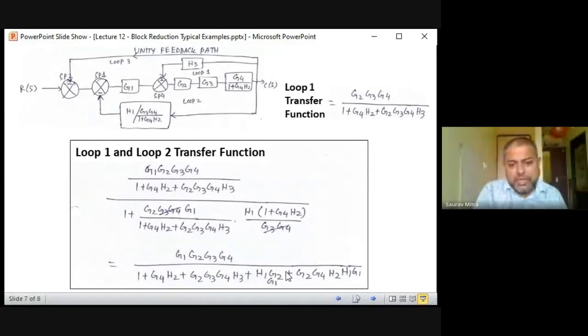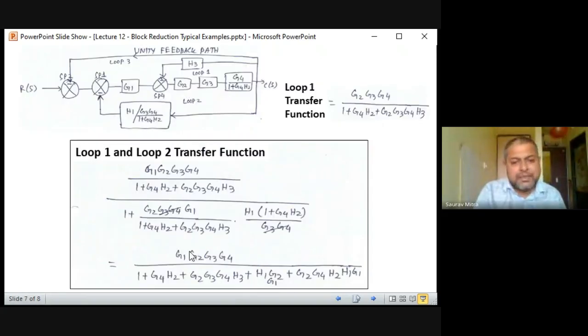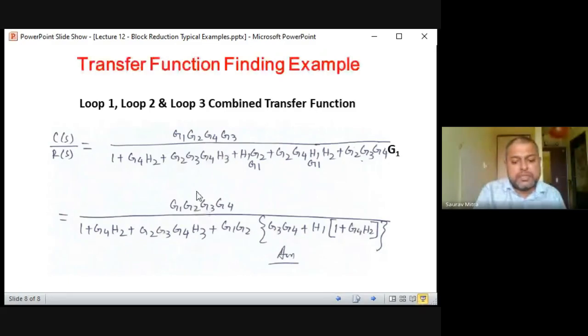That means with this denominator, one term will get added. What is that term? This is nothing but G1, G2, G3, G4. So if this is G divided by 1 plus the same term, then what we get is the same thing, G1, G2, G3, G4 in the numerator.